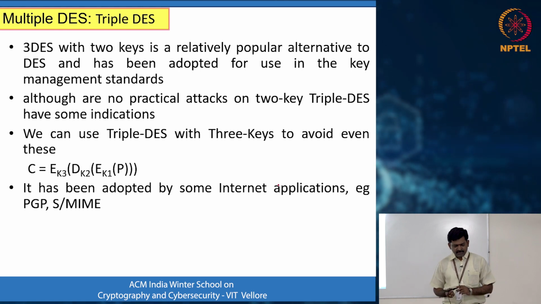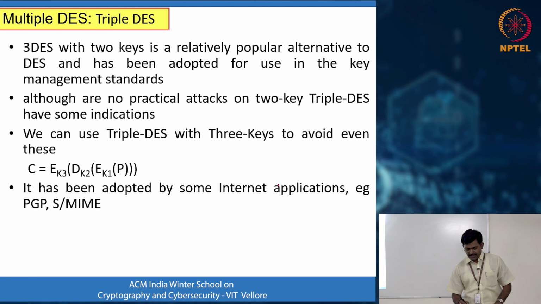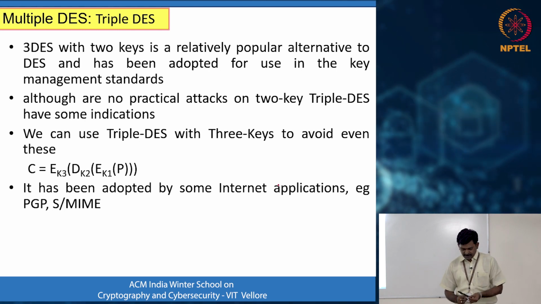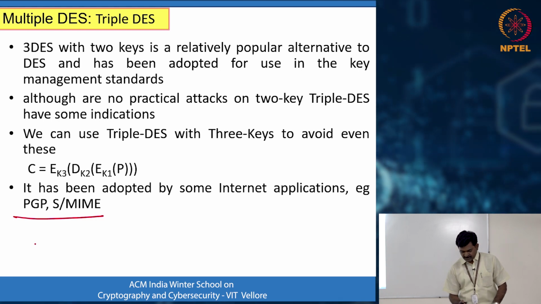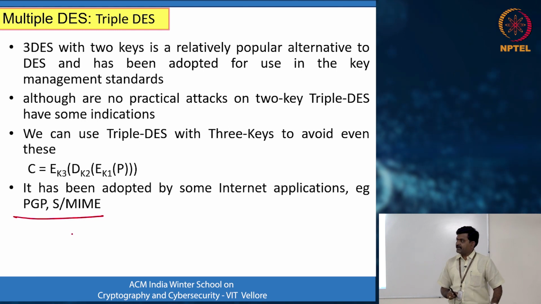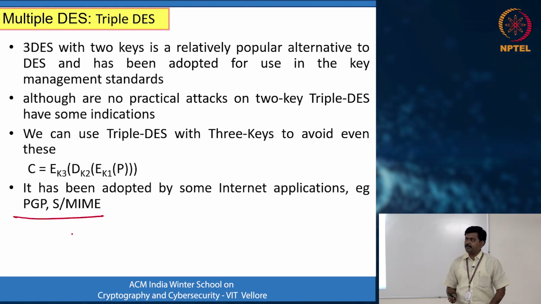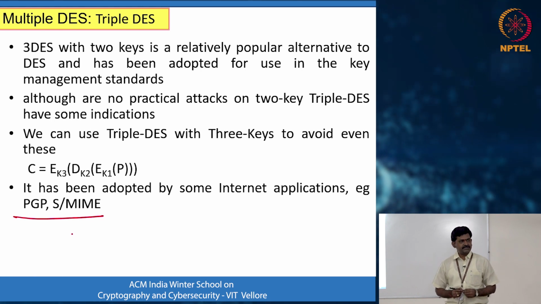Even now, in some of the very few applications, triple DES is in place. In some applications, especially mail applications such as PGP, which stands for Pretty Good Privacy, and S/MIME, Secure Multi-Purpose Internet Mail Extensions, you still have triple DES in place.